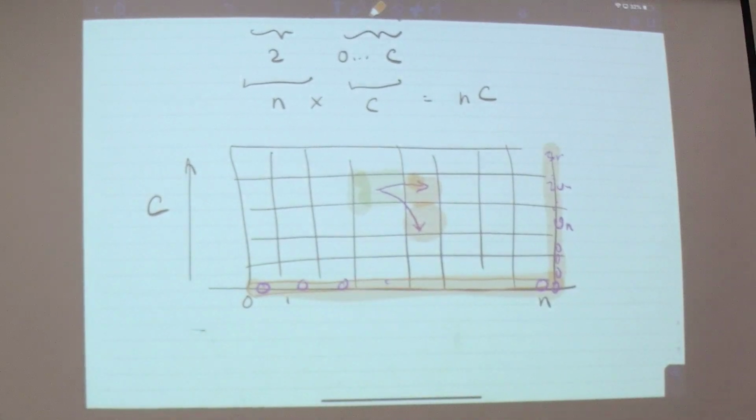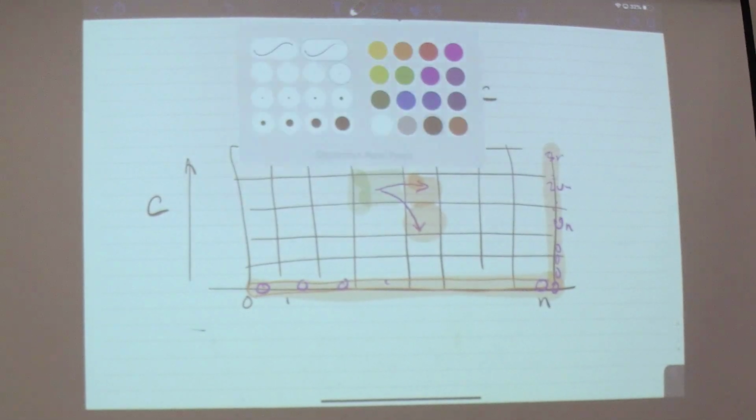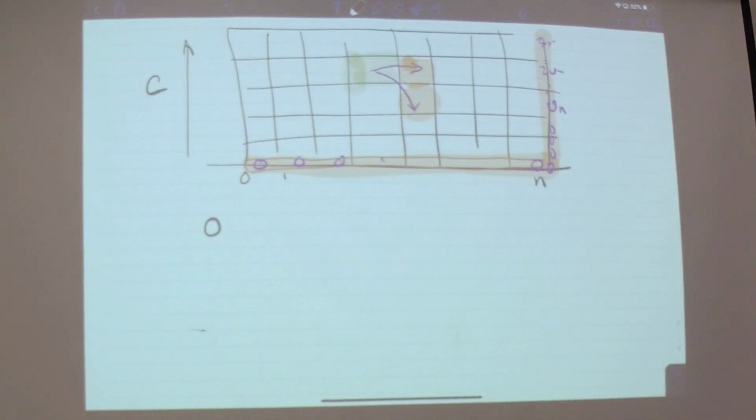So again, if we look at our formulation, which we didn't actually explicitly write down, which we'll write down right now: opt of I and C, right?